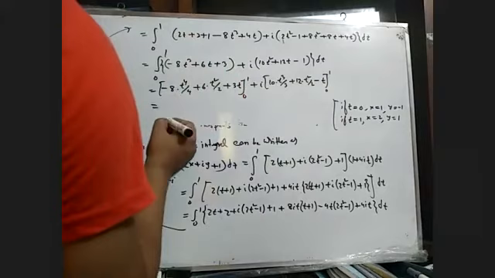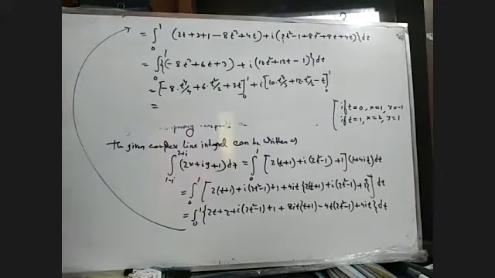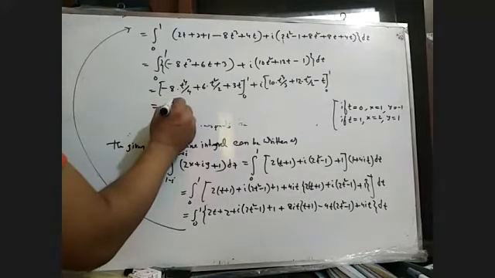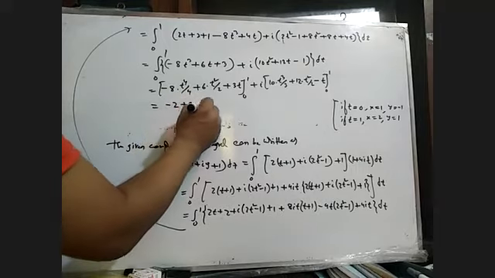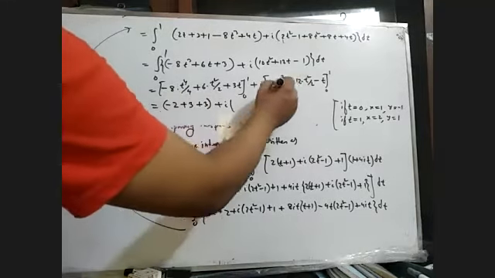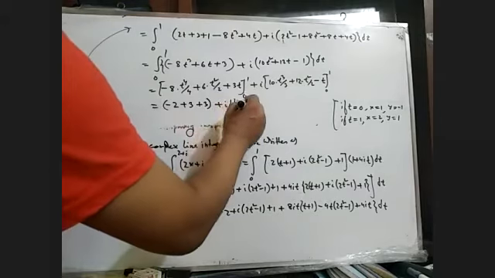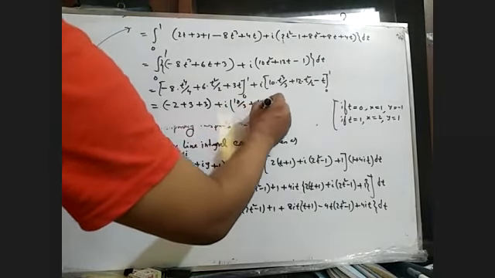Just putting t equals 1 here, we get minus 2 plus 3 plus 3, plus i into 10 by 3 plus 6 minus 1.